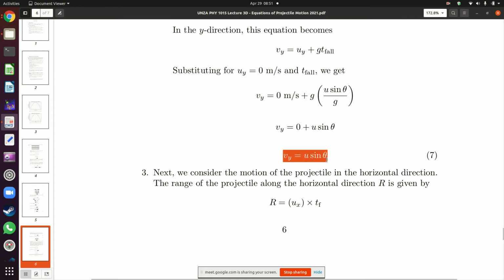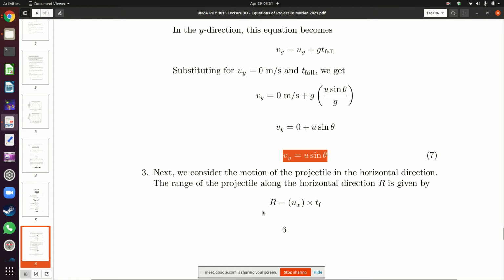So apart from the rise time being equal to the fall time, here we have evidence also that the velocity with which the projectile will hit the ground in the y direction is the same as the velocity with which the projectile went up, and that is equals to u sin theta. Is this clear? Okay.